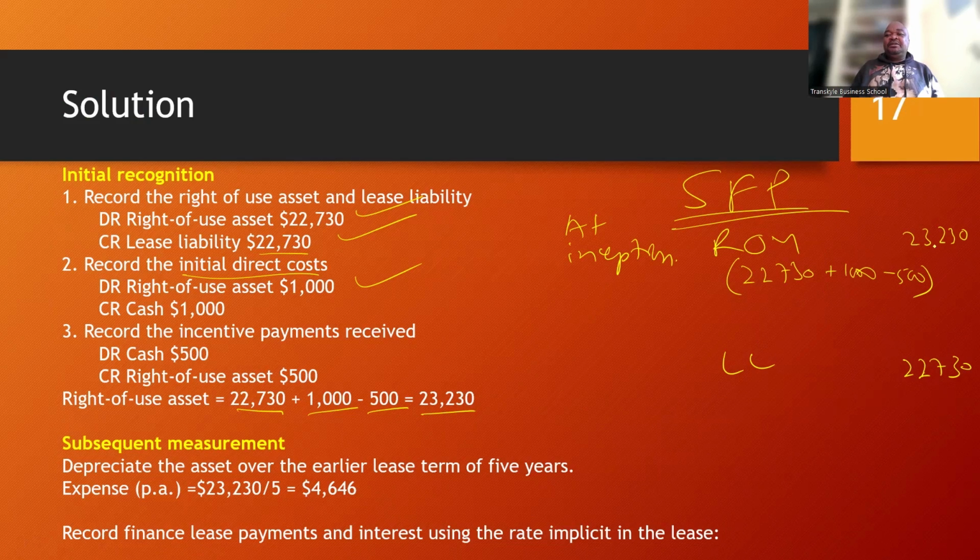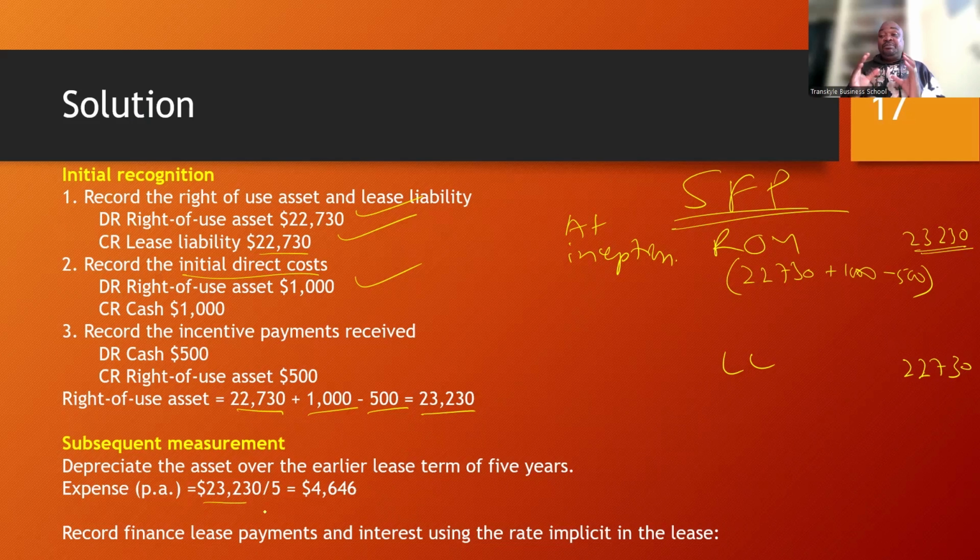Since at inception the right of use had increased in value, we are going to depreciate it with the new value. So we are going to depreciate it with the same value which had increased this amount over the lease term, that is the 5-year term. How do we determine the lease term?